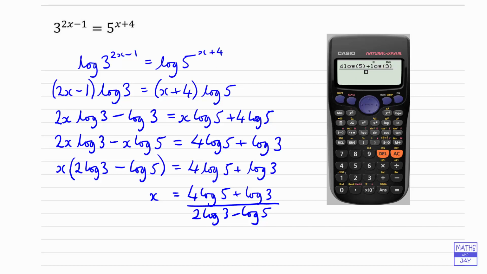And then we want the arrow down button, and then 2 log 3, close bracket, minus log 5, close bracket, and then equals. So the answer to 3 significant figures is 12.8.